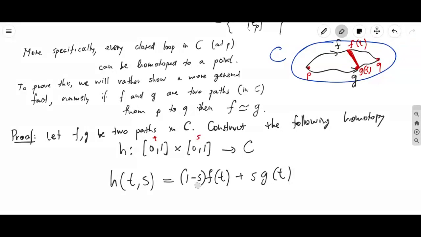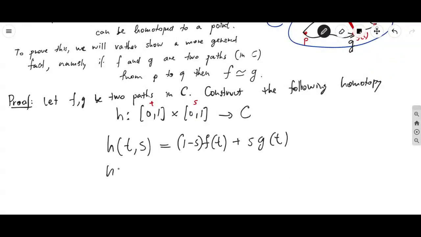Notice if s is 0, you get the first path f. If s is 1, you get the second path g. And also, let's say you set t equal to 0, then you have (1 minus s) times f of 0, that's the beginning point p, plus s times g of 0, that's also the beginning point p.